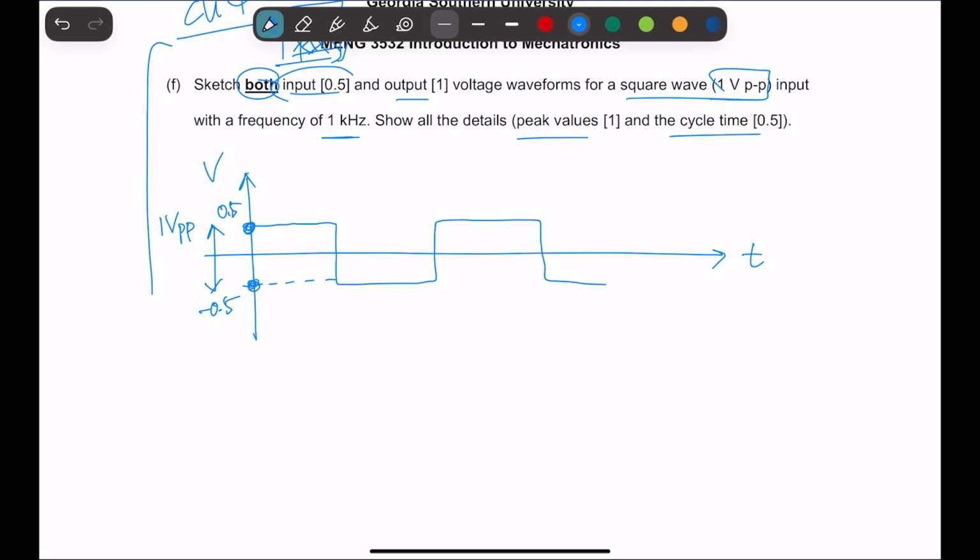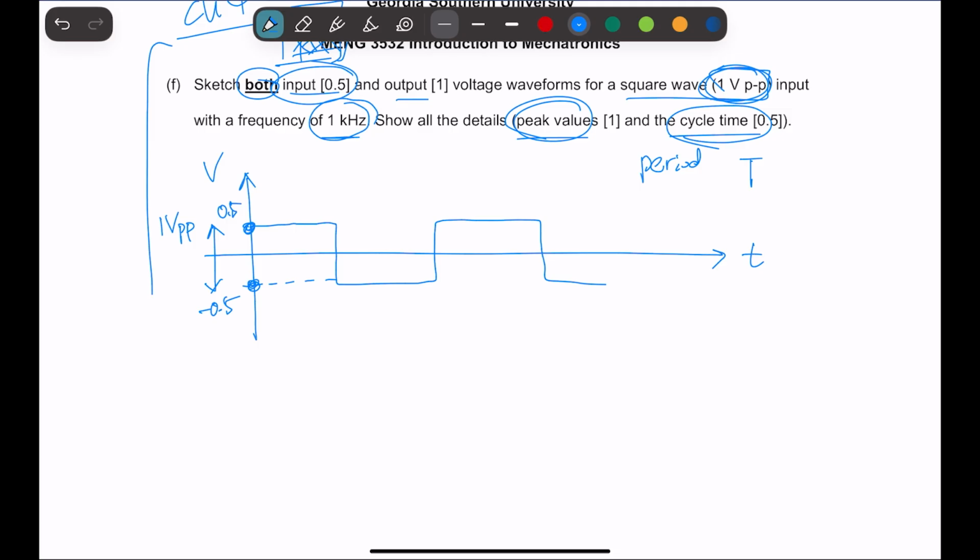So we have the input waveform and the peak values, and then what's the cycle time? Cycle time is the period, basically. We have a 1 kilohertz signal, so it means it has 1,000 cycles in 1 second. That's the meaning of hertz, isn't it?